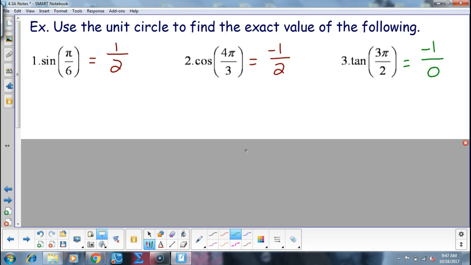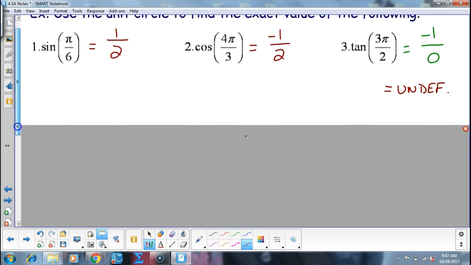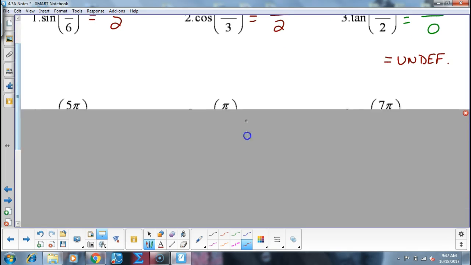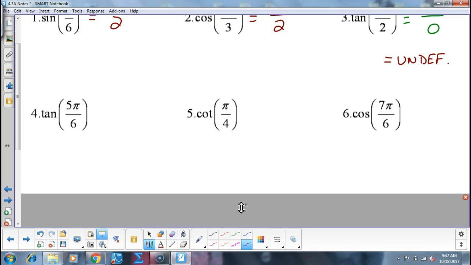No. So this one is what we call undefined. Not 0, undefined. If you write not possible, that would work too, but I prefer undefined. Okay? All right. Try those 3.